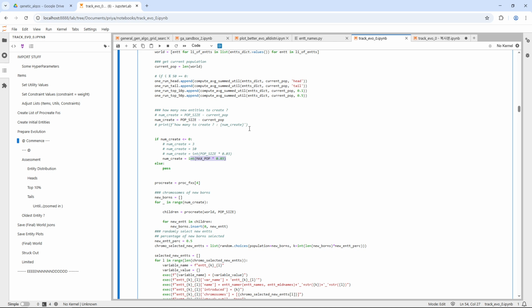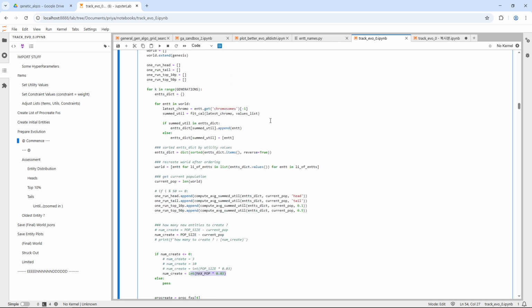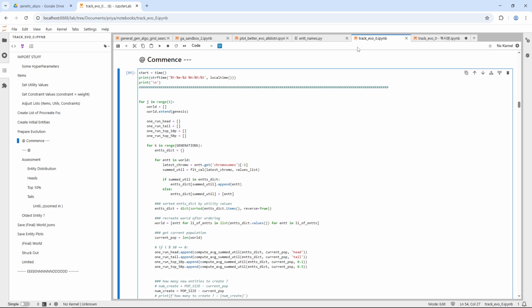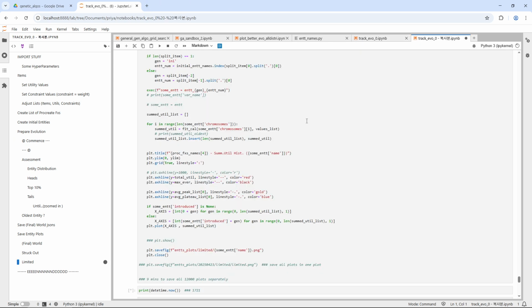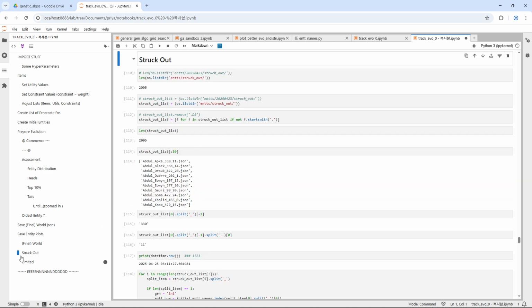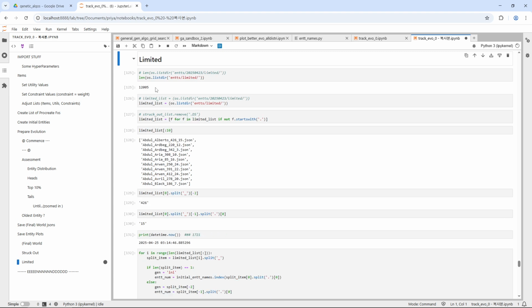So for example, 30 times 500 is 15,000. Is that right? I think so. 3 times 500 is 1500, so 30 times 500 is 15,000. And the number of entities that get limited is very close to that.